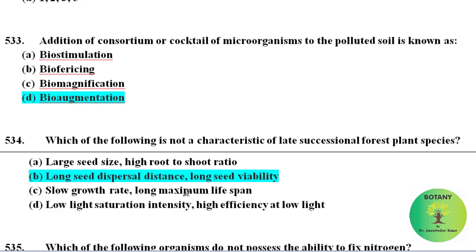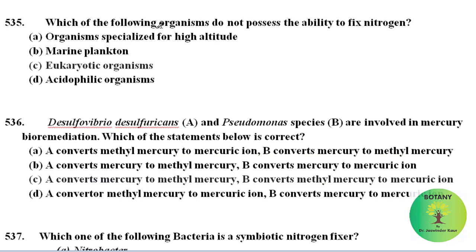Slow growth rate, long maximum life span, this is also correct. Low light saturation intensity and high efficiency at low light, this is also correct. Which of the following organisms do not possess the ability to fix nitrogen? Among these, eukaryotic organisms do not have the ability to fix nitrogen.